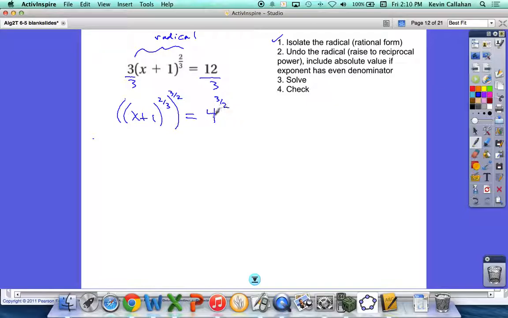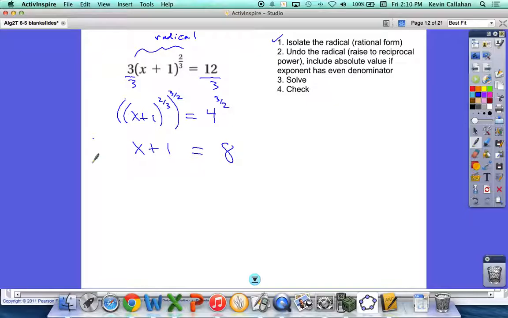The square root of 4 is 2. 2 to the 3rd is 8, right? Okay, now over here, when you raise a power to a power, what do you do with those? You multiply, okay? Well, what's 2/3 times 3/2? 1, right? So essentially they cancel each other out, and all you get is x plus 1.